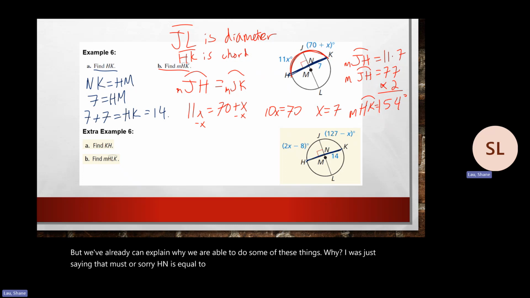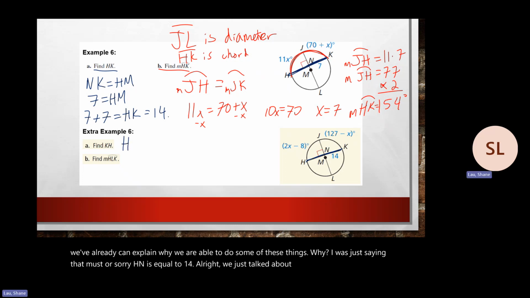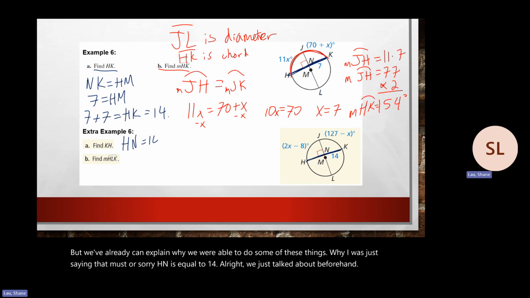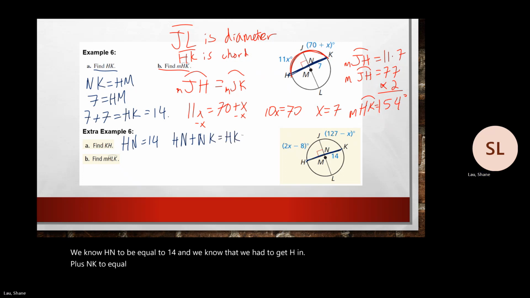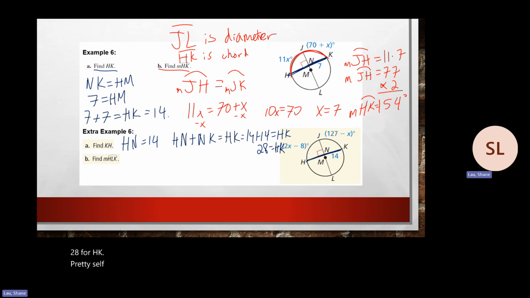We just talked about that beforehand. We know HN to be equal to 14, and we know that HN plus NK equals HK, which is just 14 plus 14, which equals 28. HK is 28. Pretty self-explanatory, I think.